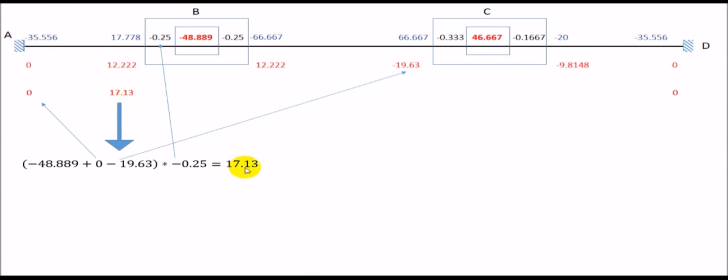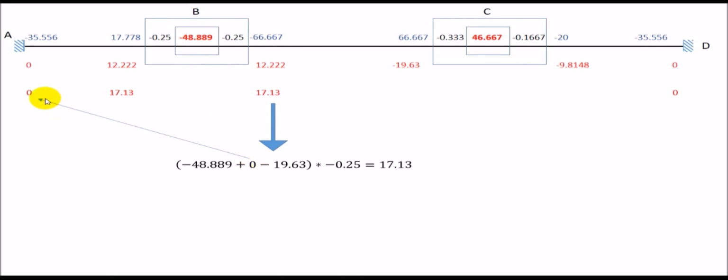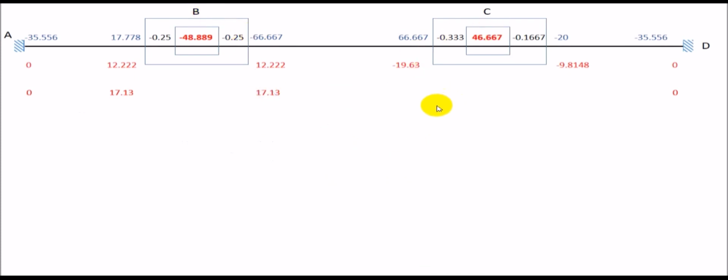So we get the iteration value of BA. The iteration value of BC is again similar: minus 48.889, the summation moment, plus the latest iteration value of left support, plus the latest iteration value of right support, into the rotation factor of BC. We get the iteration value of BC.